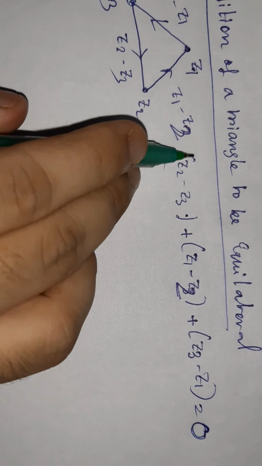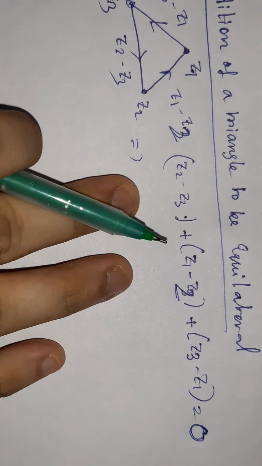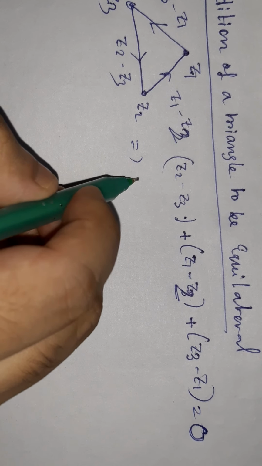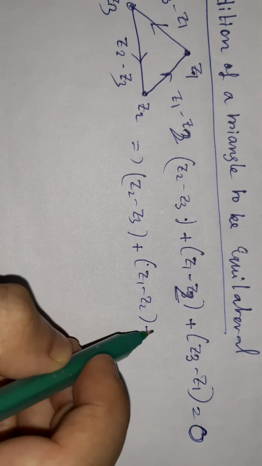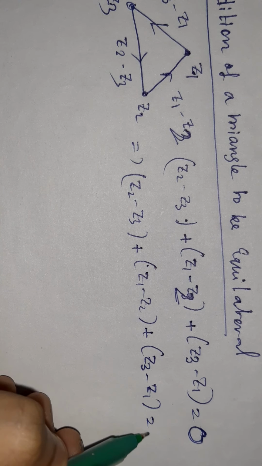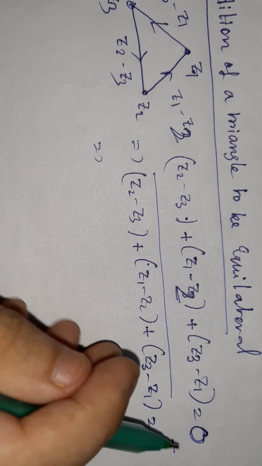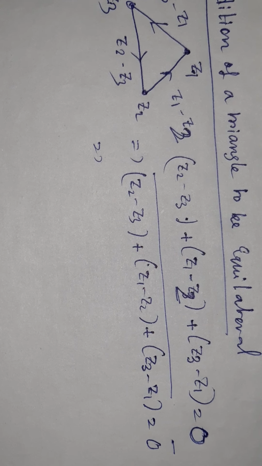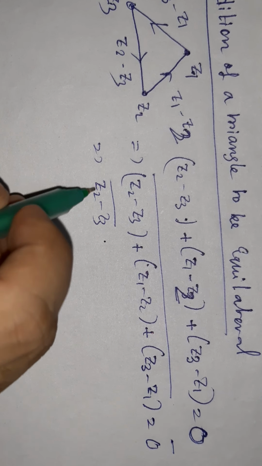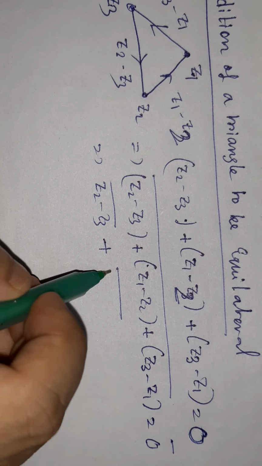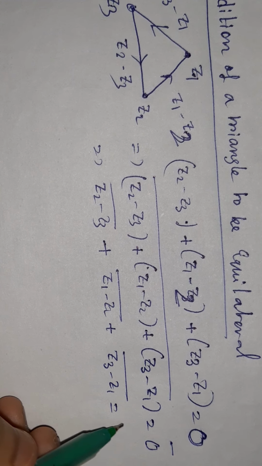Since this is a complex vector equation, let us take the conjugate of both sides: z2 minus z3 plus z1 minus z2 plus z3 minus z1 equals 0. The conjugate splits across each plus sign, giving the conjugate of z2 minus z3 plus the conjugate of z1 minus z2 plus the conjugate of z3 minus z1, and the conjugate of 0 is nothing but 0.